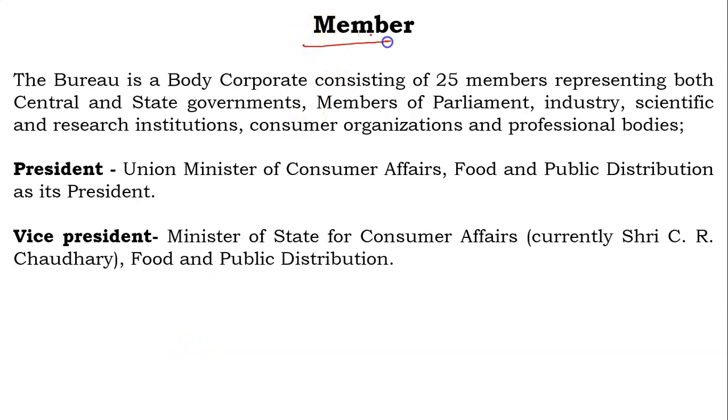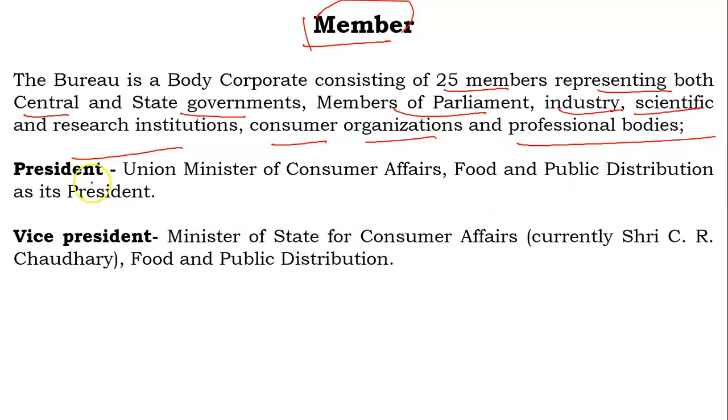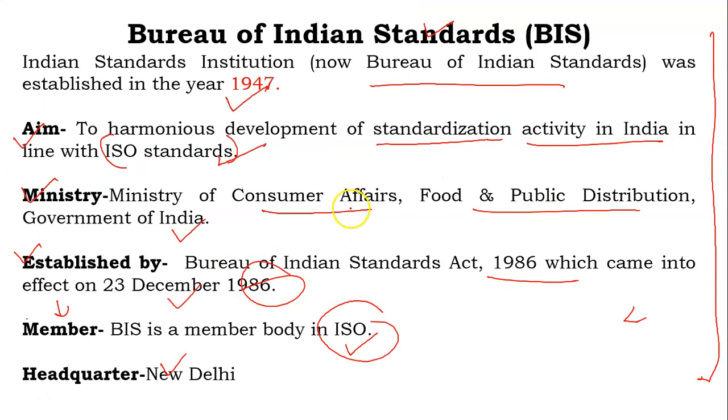Friends, if we see the members of this organization, then the Bureau is a body corporate consisting of 25 members representing both central and state government, members of parliament, industry, scientific and research institutions, consumers, organizations and professional bodies. Now, who is the president? The Union Minister of Consumer Affairs, Food and Public Distribution is the president, and the Minister of State of the same ministry will be the vice president of this authority.